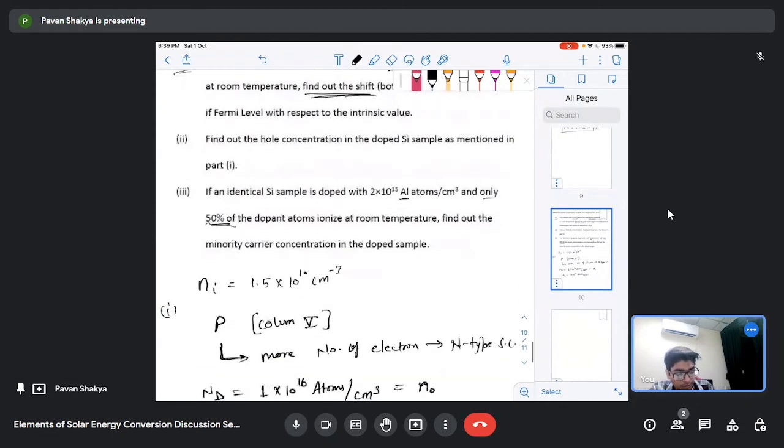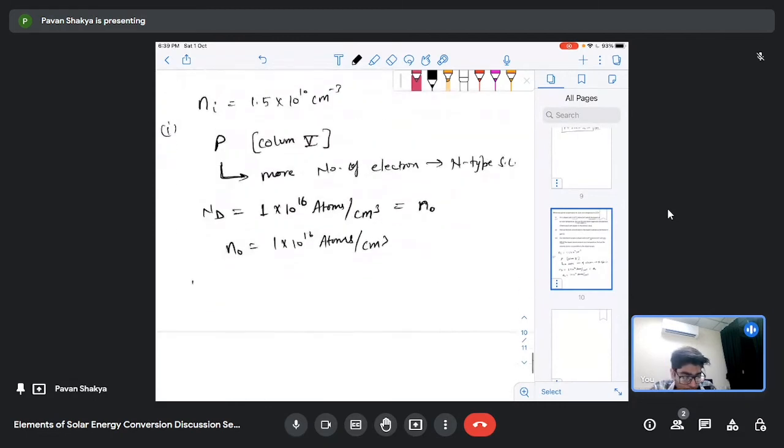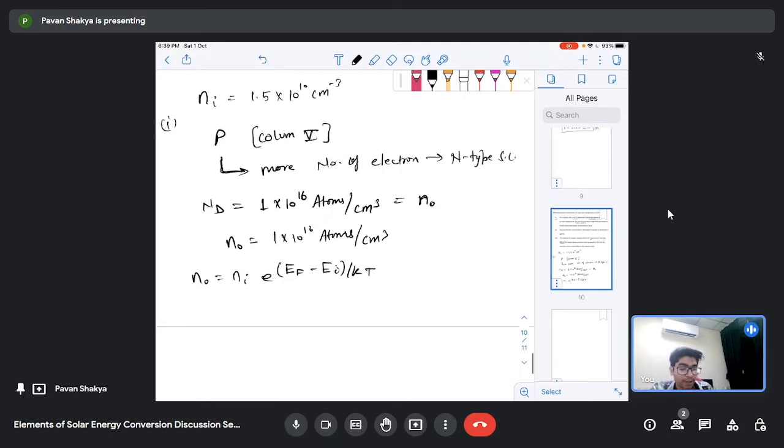First let me write the formula that you have seen in the lecture notes, that is n naught is equal to Ni e to the power (Ef minus Ei) divided by kT, where Ni is the concentration for the intrinsic semiconductor, n naught is the concentration of electrons after the doping, and Ef minus Ei is the shift that is asked in the problem.